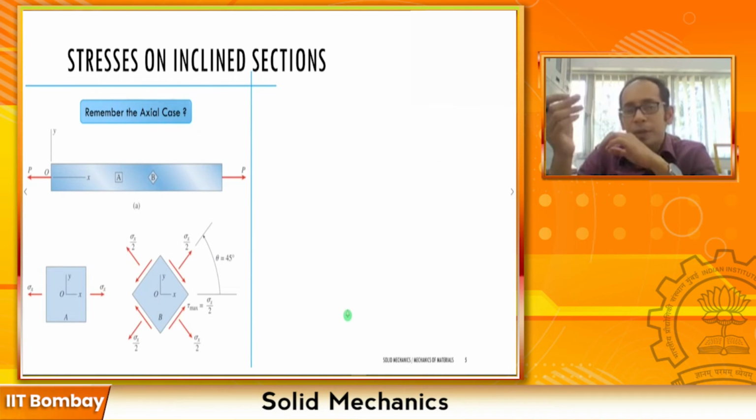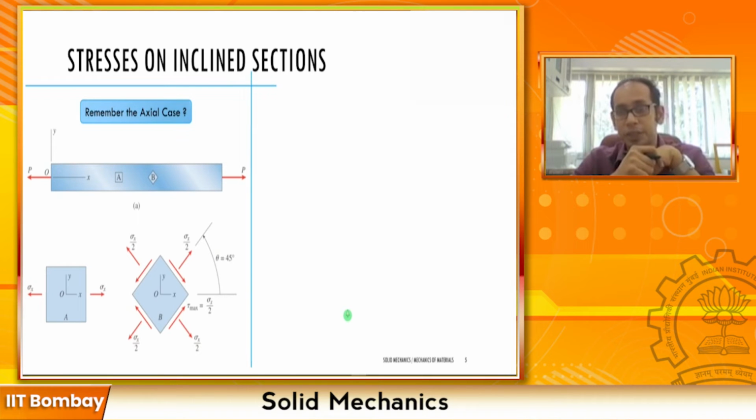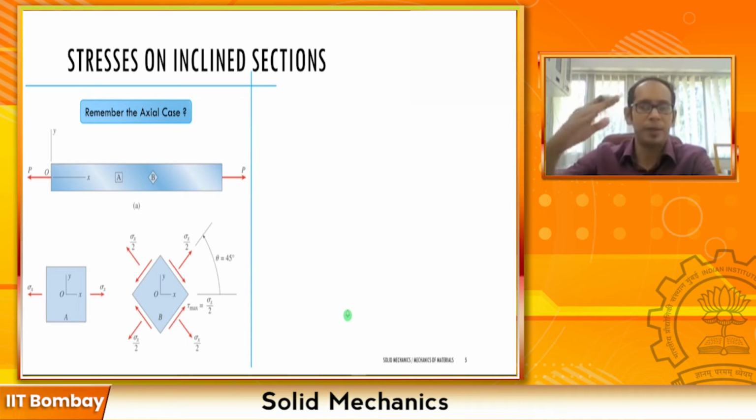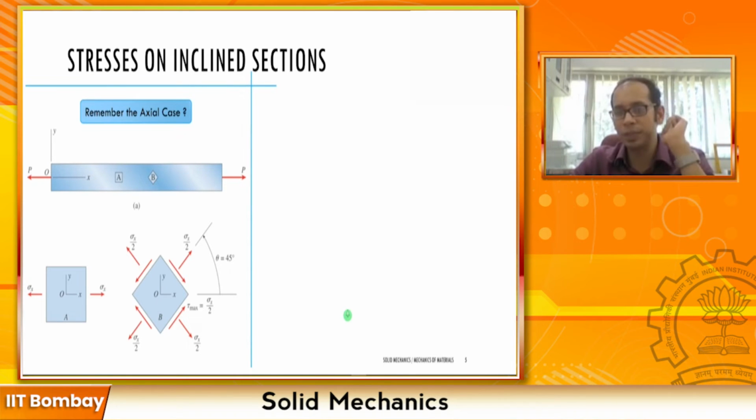Now remember that we had also seen, for the axial case, the stresses on the inclined section. How did we do that? In that one, we had taken a section cut at a certain angle for which the normal was making a certain angle theta, and we had looked at two extremes, for which the normal stress becomes maximum and the shear becomes maximum.